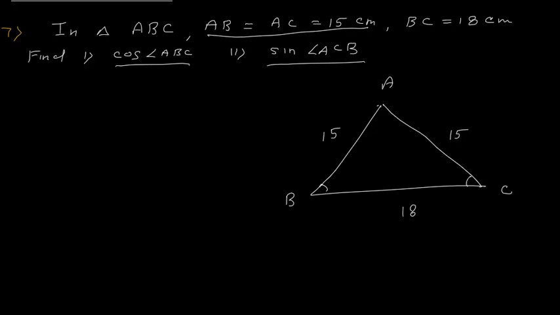As we discussed, we use trigonometry in the case of a right angle triangle. So I will first draw a perpendicular from A to side BC. Here we do one construction, we draw one perpendicular from A to this side BC. This is 90 degrees. I will name this as point D.